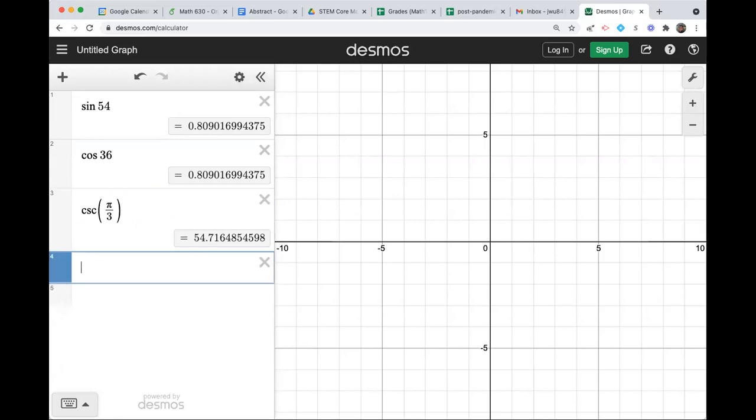And now I'm going to type in secant of pi over 6. Desmos says we're wrong, but I claim that we're right. What's wrong with Desmos?